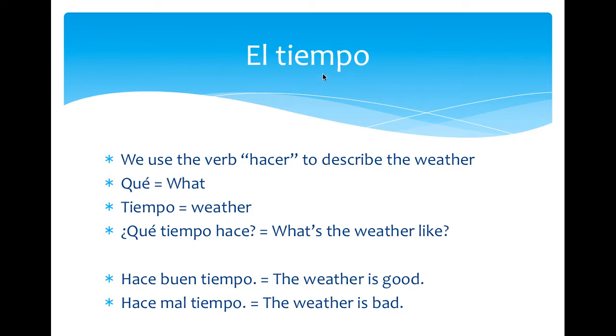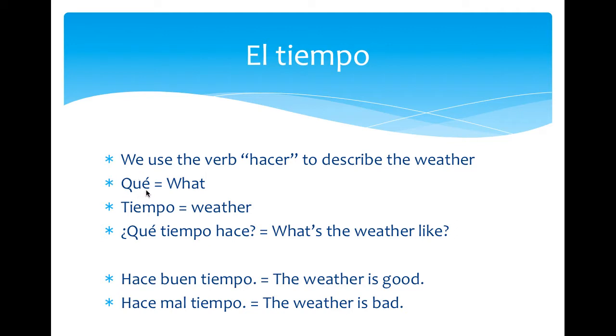But this right here, el tiempo, we use the verb hacer, which means to do or to make, to describe the weather. I wouldn't worry too much about what exactly the verb hacer means or how to use it. We'll use this much more in following chapters. But let's look here at forming a question about the weather.